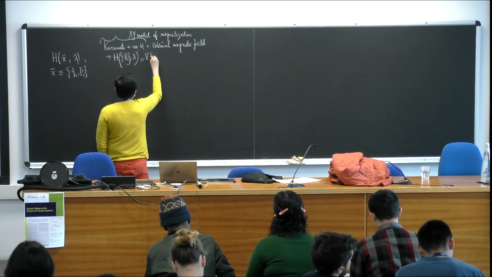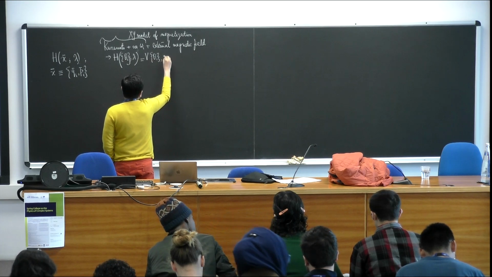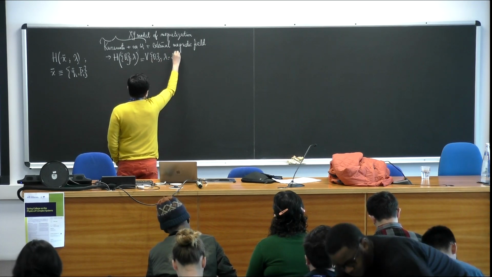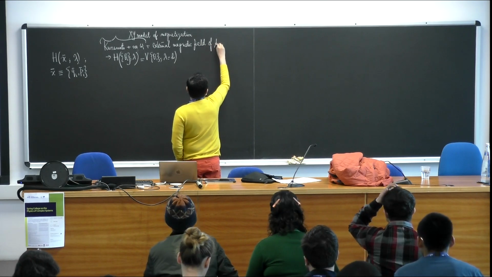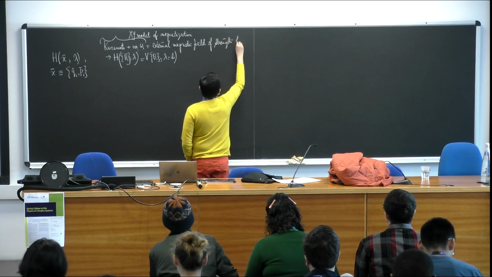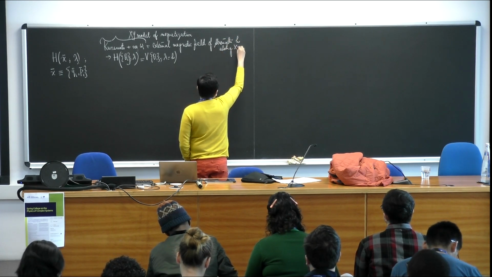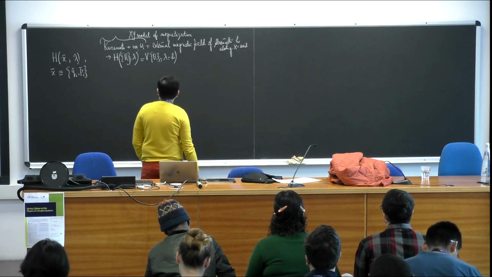So in this case, in this V of theta i, lambda is now the strength of the external magnetic field, of strength H along the X axis. You can make it more general, it doesn't matter.